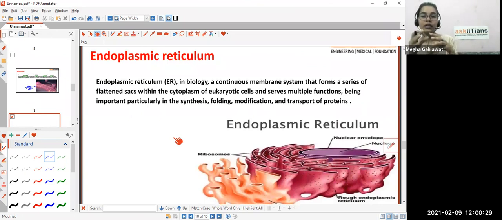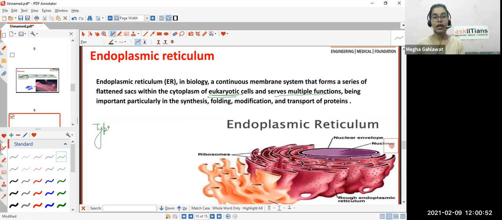It's like the membrane which makes the nucleus continues forward and makes the endoplasmic reticulum as well. That endoplasmic reticulum is found in just the eukaryotic cells and not the prokaryotic cells. It has multiple functions which we'll be talking about. First of all we'll discuss the types, and then we'll discuss the functions separately.